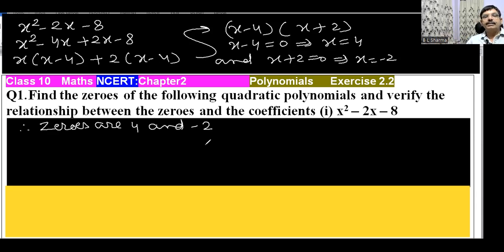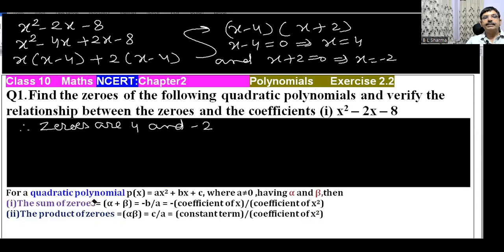Now, after getting the zeros, the question also asks to verify the relationship between the zeros and the coefficients of the polynomial x square minus 2x minus 8. This relationship means: if the quadratic polynomial is ax square plus bx plus c, and it has two zeros alpha and beta, then the sum of zeros is given by minus b upon a.